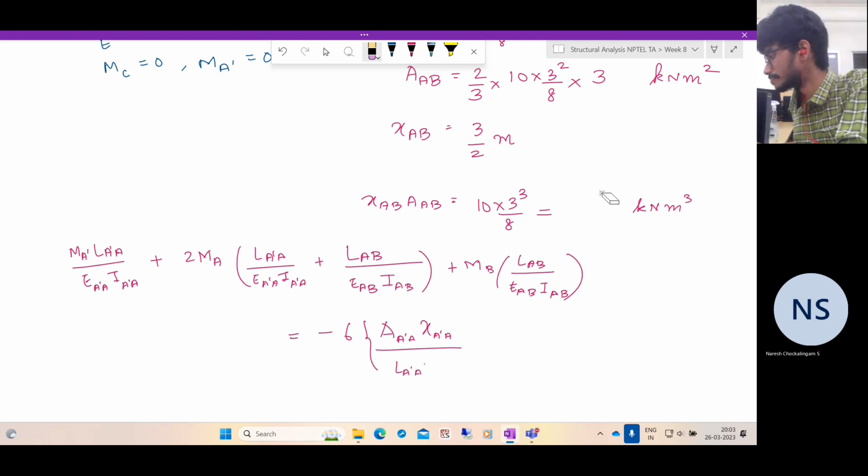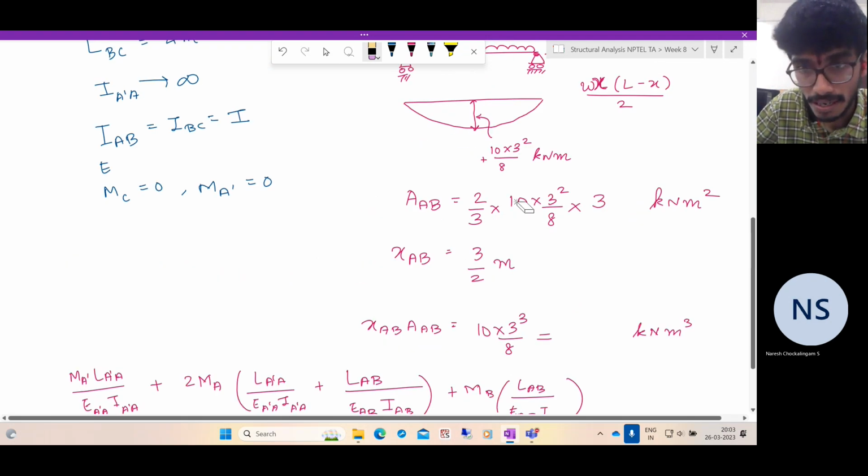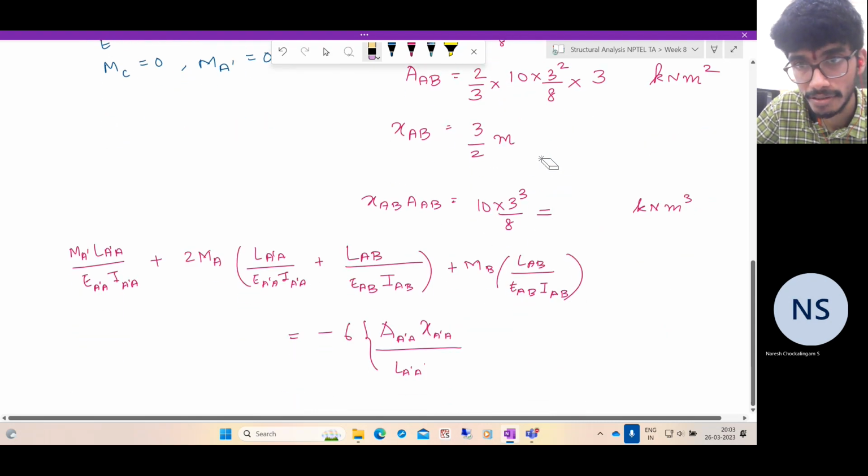So it is 270 by 8. Something went wrong here. So the area under the bending moment diagram is WL square by 8, 3 square, 2 by 3, and 3 by 2 gets cancelled. So 10 into 3 cube.